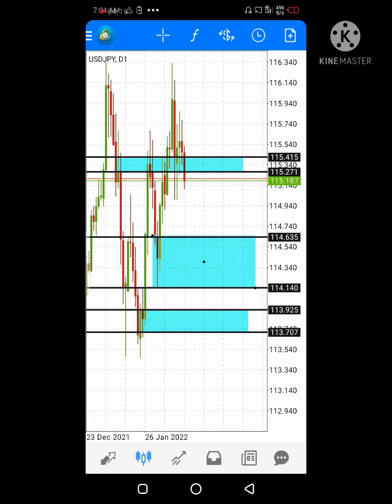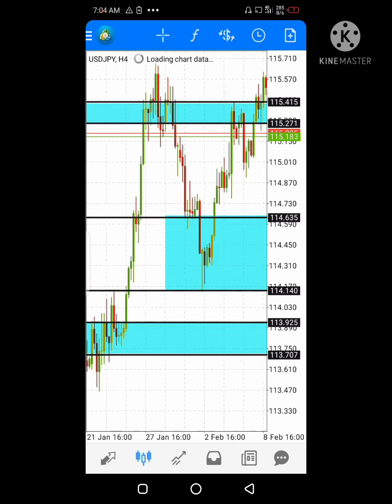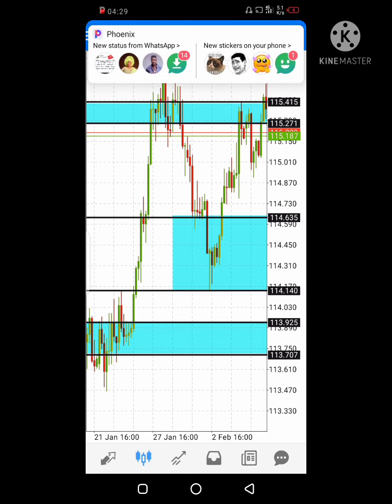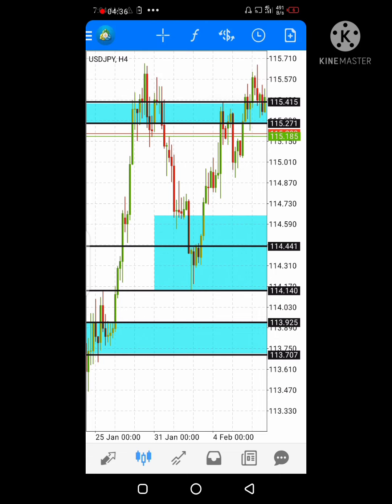We're going to go to the 4 hours time frame to reduce the size of all these areas. So right now you can see the area here. Possible resistance, possible turning point is here for 4 hours.